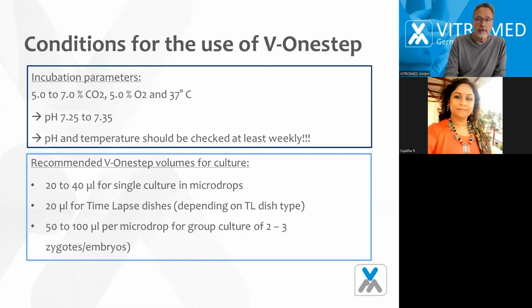For time-lapse dishes, this of course depends on the time-lapse system you use and the dish type you need, and that is 20 microliters, and 50 to 100 microliters per microdrop if you want to do group culture. I would not put 3 oocytes in 50 microliters because this is definitely too low. But you can also use this medium if you want to use 4-well dishes or 5-well dishes or whatever.